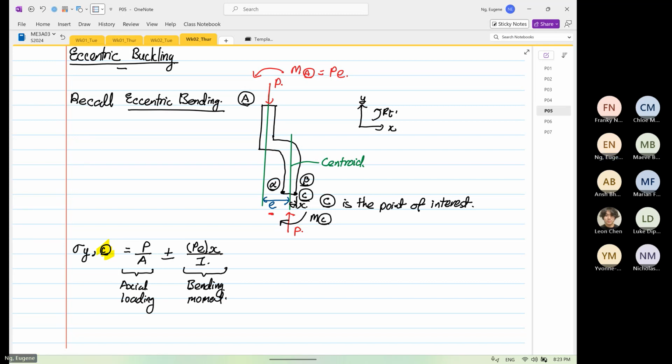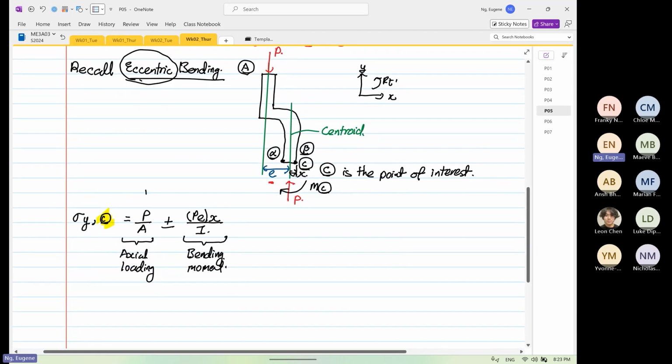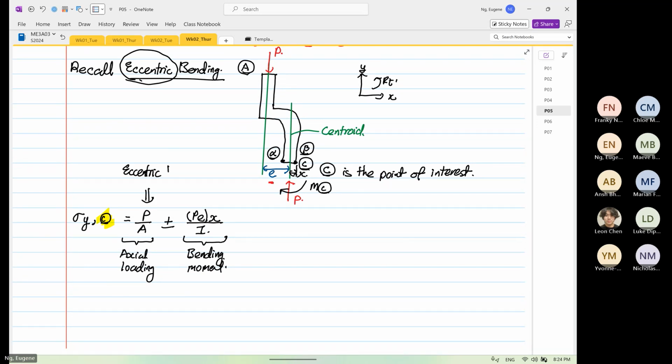By looking at this concept, what I'm trying to explain to you is what we mean by eccentric. For eccentric, there is this component. Eccentric loading has a P over A component. Later on, probably next week, we'll do bending, and you will see this point better.